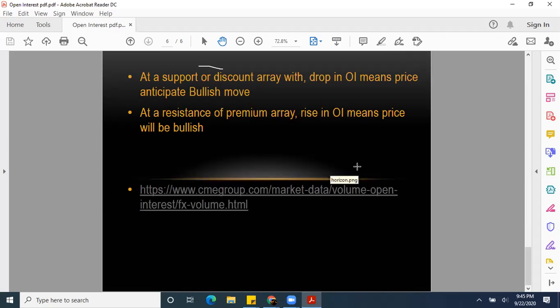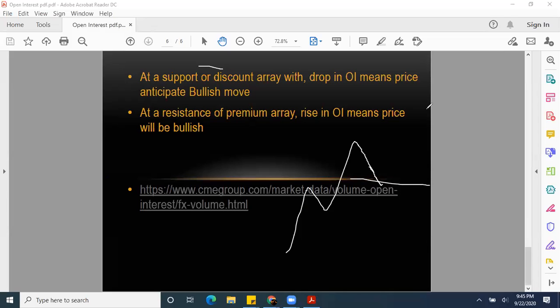So finally, we're in the last slide. When you get to a support, price is trading upwards, and you get to a support somewhere here, supporting price to rise, and you notice a drop in open interest, at that point you should anticipate bullishness, right?